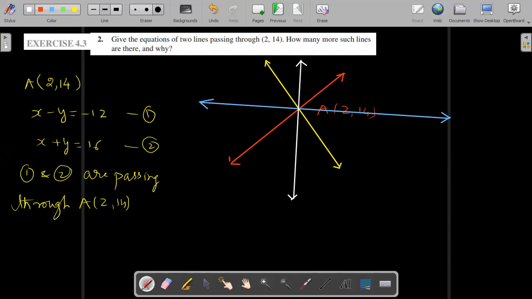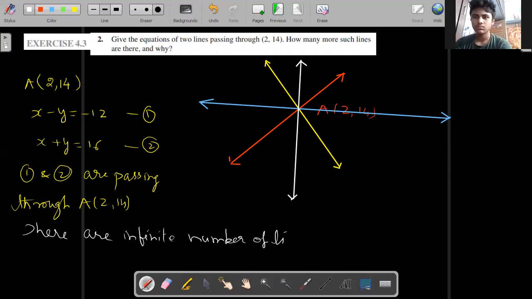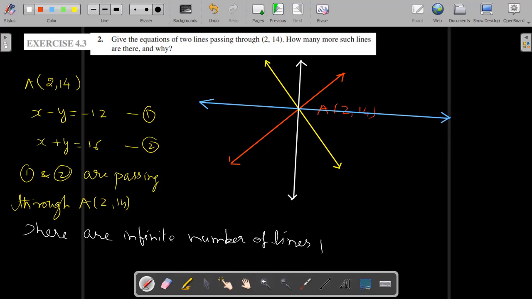So our answer to how many such lines are there: there are infinite number of lines passing through a point, 2 and 14.